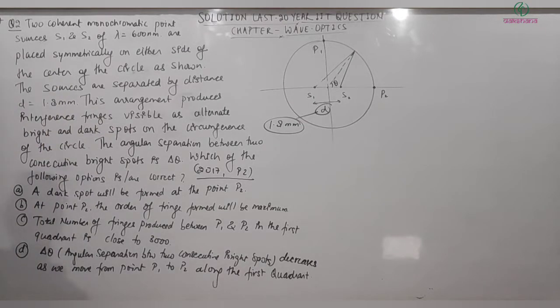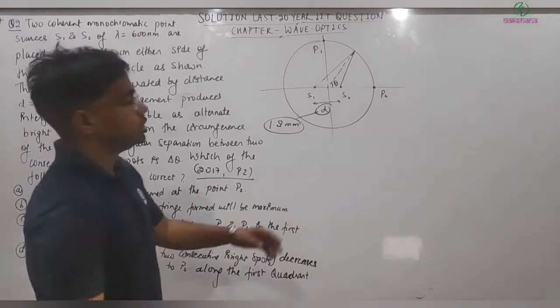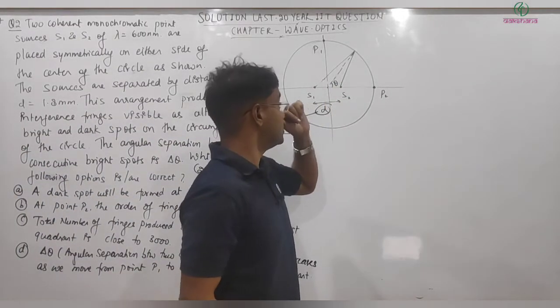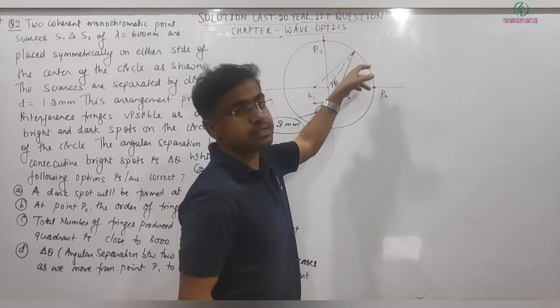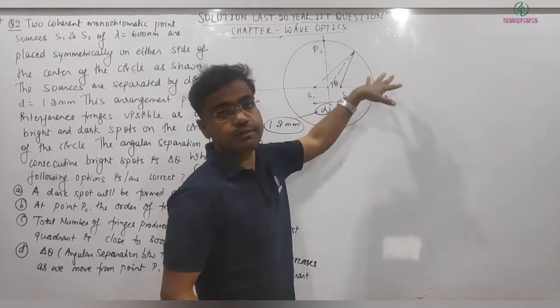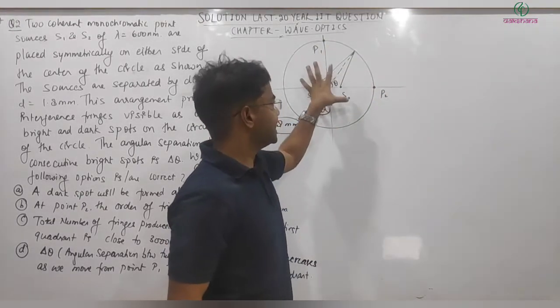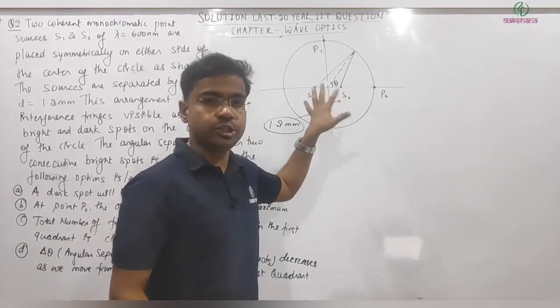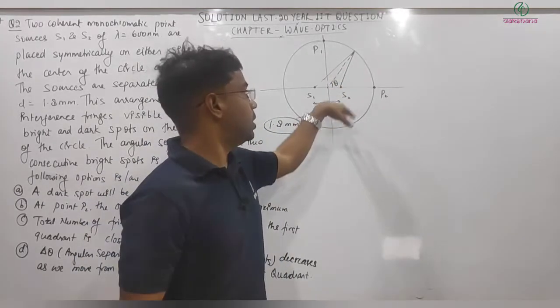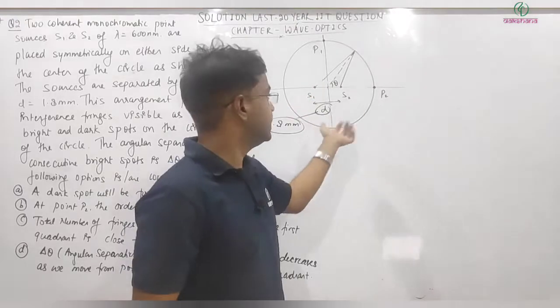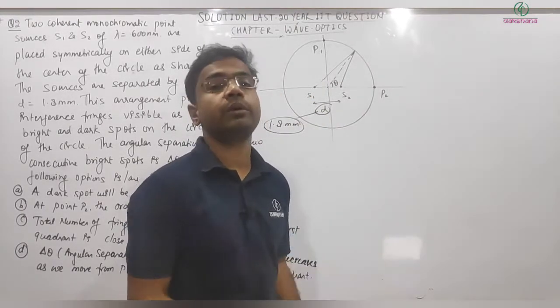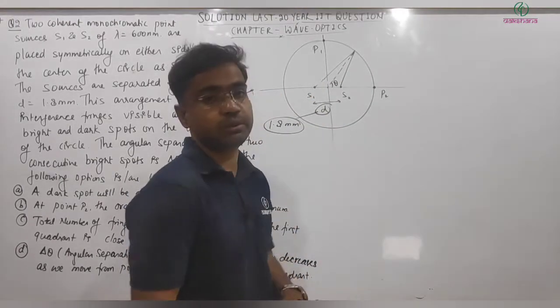This arrangement produces interference fringes visible as alternate bright and dark spots on the circumference. This setup is not new to us. We have already seen this type of setup in our video lectures based on wave optics.